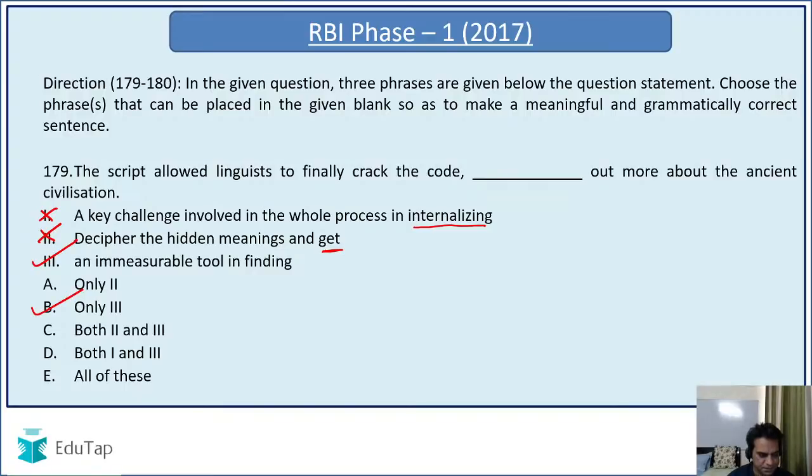Got it? Because a key challenge involved in the whole process in internalizing is to include something, to learn something. And internalizing out, that's not a correct phrasal verb. Get out means to go out, right? That's also not correct. To find out more, that would have been correct in option number 2. But the only correct option is an immeasurable tool in finding out more about the ancient civilization.